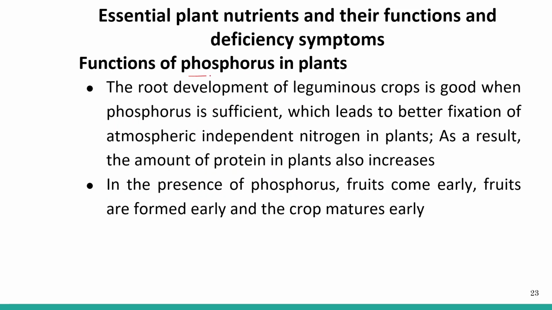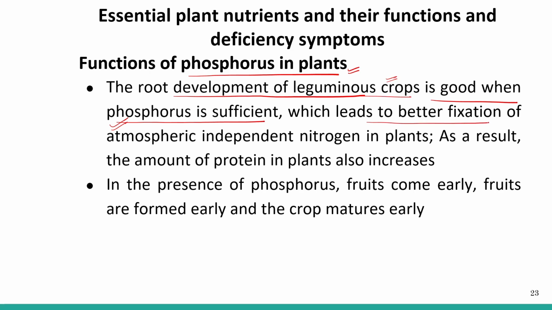Function of phosphorus in plants. The root development of leguminous crops is good when phosphorus is sufficient. If the phosphorus is sufficient in quantity, then the development of the legume crop is good, which leads to better fixation of atmospheric, independent nitrogen in plants. So you all know that leguminous crops are important. Why?